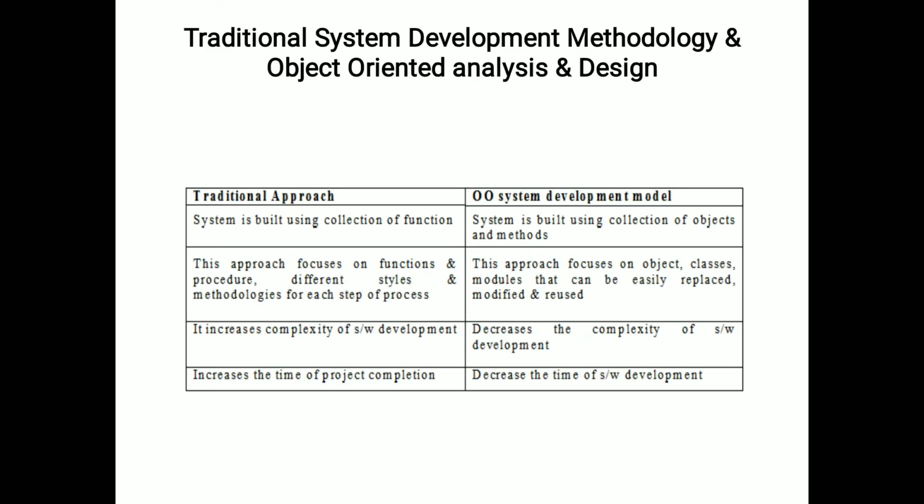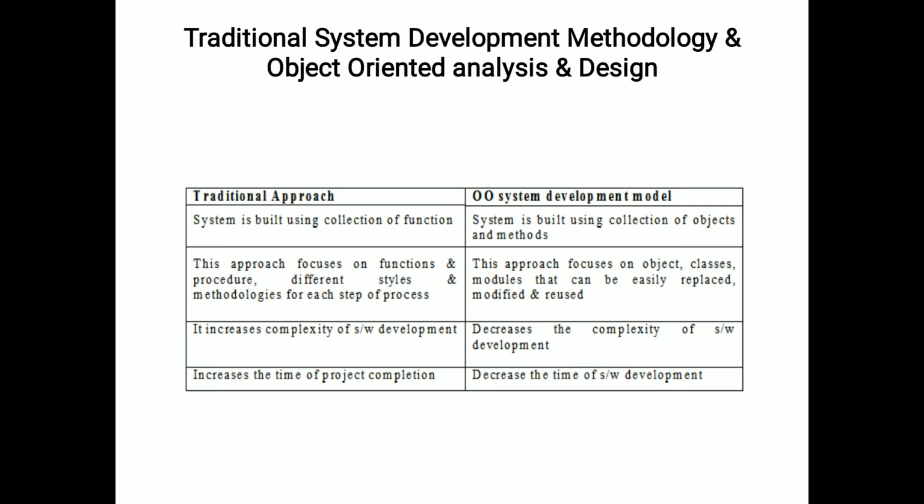Now, see, this is the traditional system development methodology and object-oriented analysis and design methodology. This is the comparison actually. In traditional approach, system is built using collection of functions, and in object-oriented approach, system is built using collection of objects and methods. The second difference is this traditional approach focuses on functions and procedures, different styles and methodologies for each step of process.